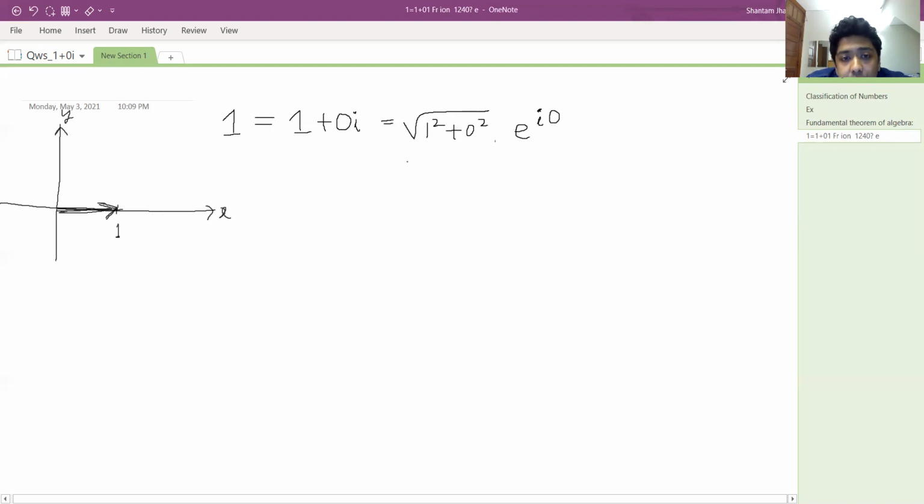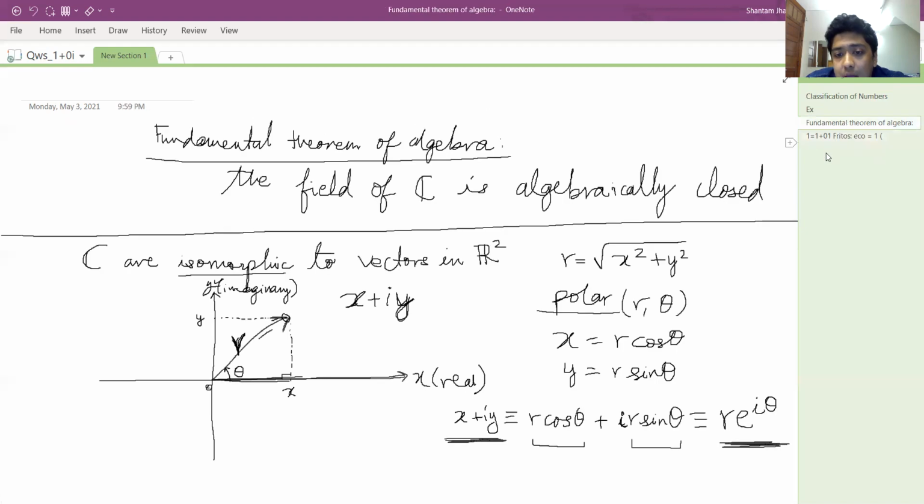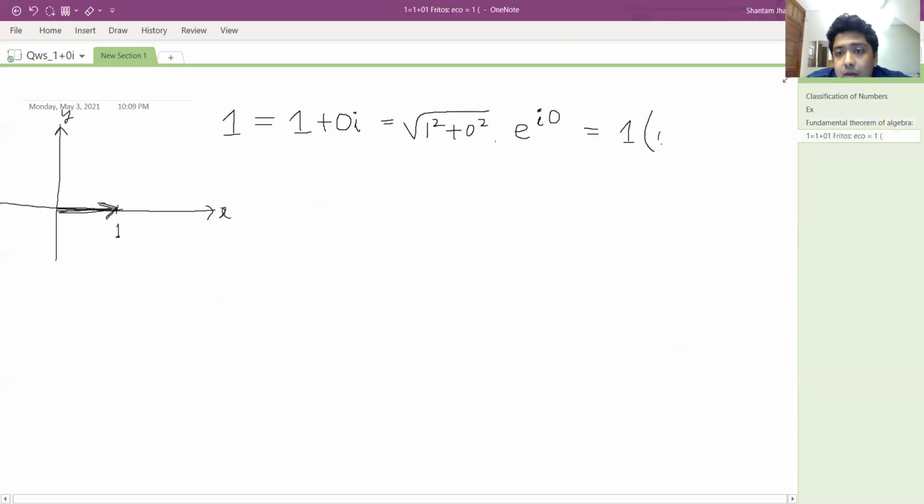And therefore, this number can also be written as the square root of 1 squared plus 0 squared, which is 1, times e to the I0. What is e to the I0? R times e to the I0. If I factor out r here, it is cosine theta plus I sine theta. And that is cosine 0 plus I sine 0, which gives me 1. Cosine of 0 is 1, plus I times sine of 0, which is 0.